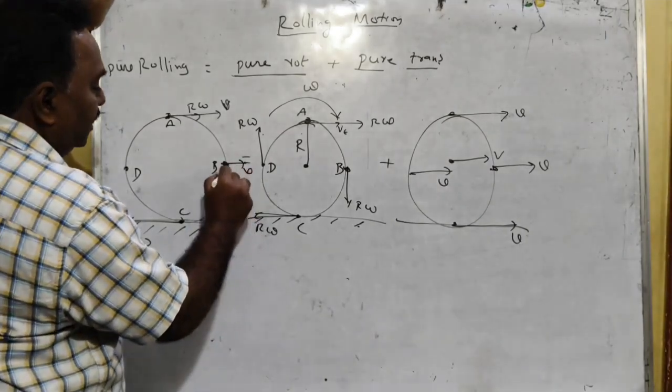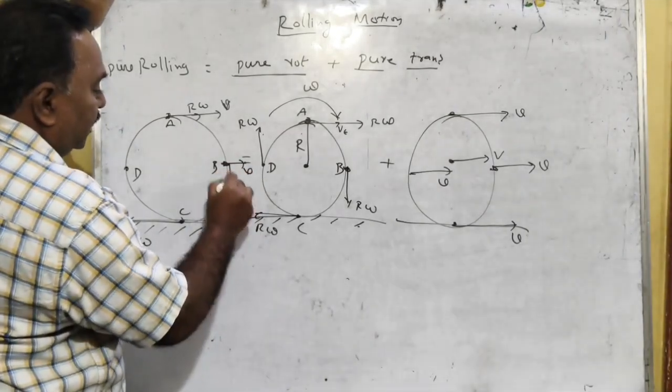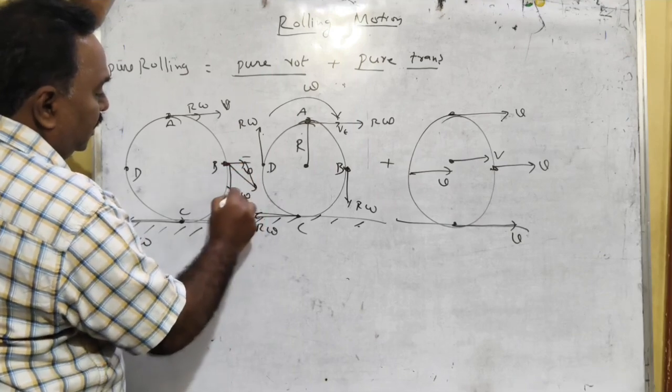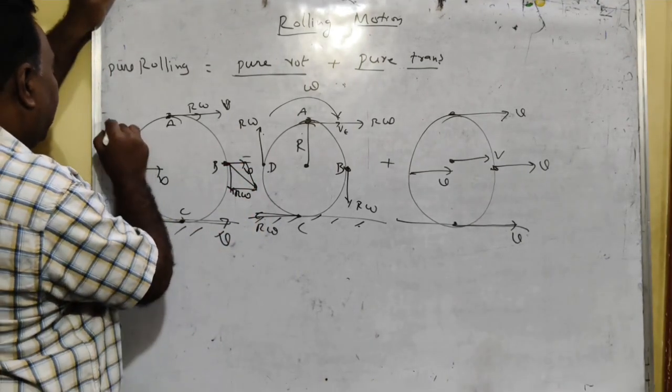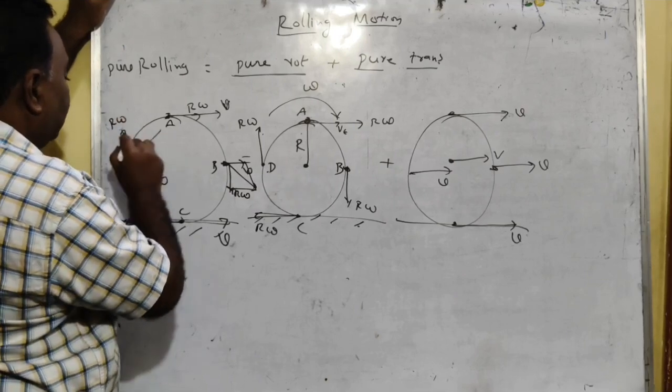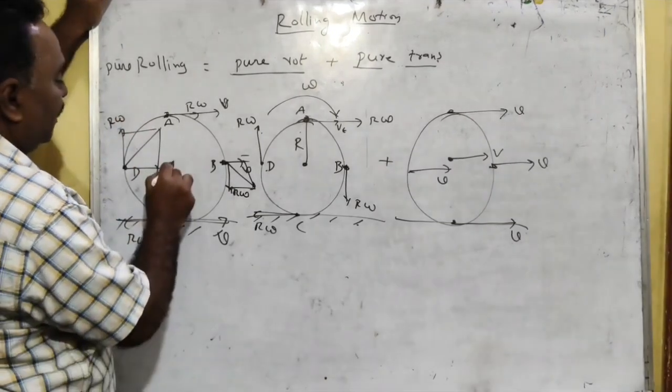Similarly here V in this direction, r omega in this direction, resultant velocity is in this direction. Similarly here V in this direction, r omega in this direction, resultant velocity is in this direction.